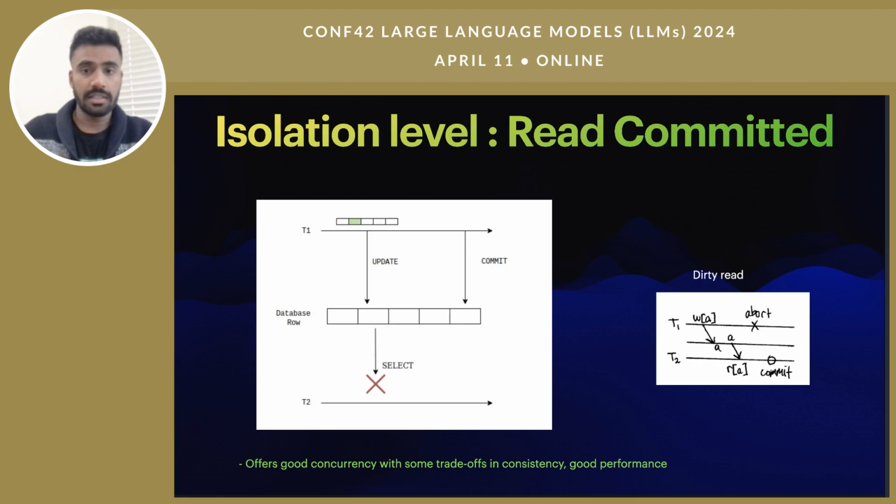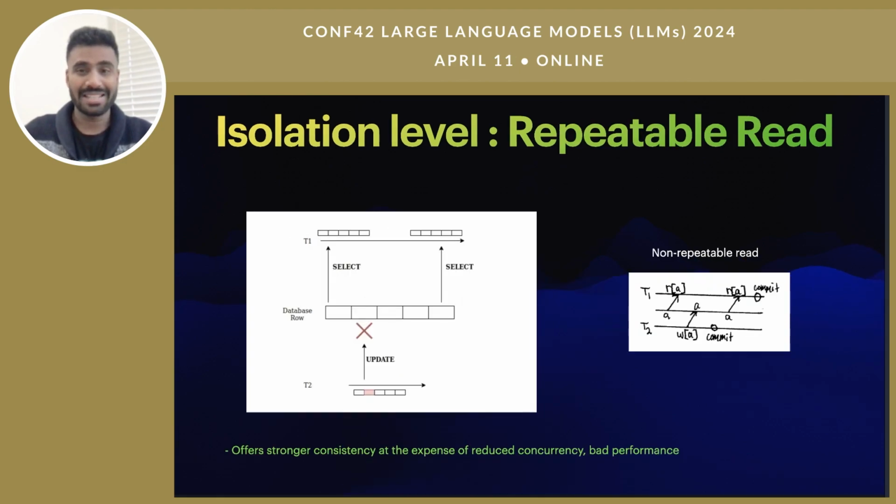Now, let's move into the next problem, non-repeatable read, which I just gave an intro about. So what is a non-repeatable read, which the read committed isolation level doesn't solve? Suppose transaction T1 reads data. Now, due to concurrency, another transaction T2 updates the same data and commits.